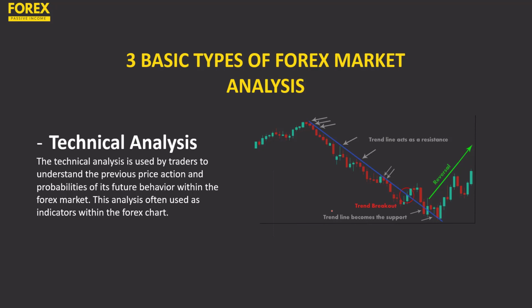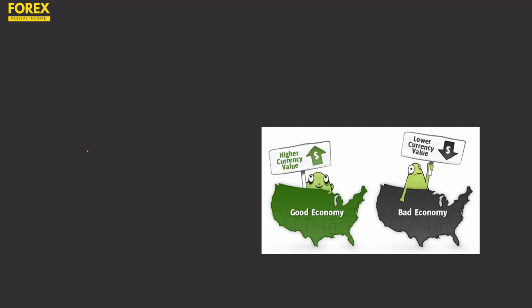There's a popular saying in Forex that history do repeat itself, and that's true in the Forex market. So we can look at historical charts and data and try and determine what the future of the price may be. So this kind of analysis is what we call technical analysis.